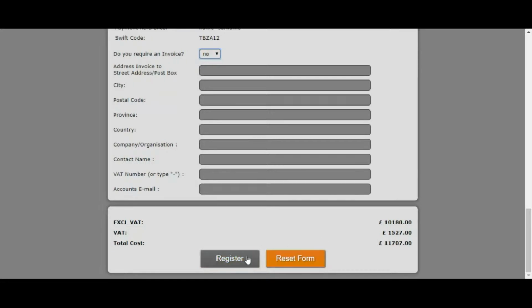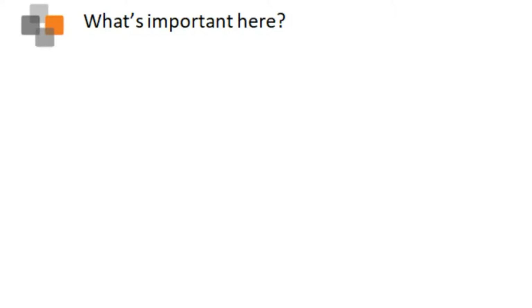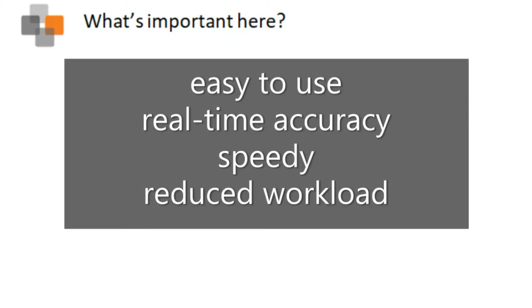We make sure that he has completed everything and do error checking so that the organizer doesn't get any half-done bookings that require following up. What's important here? That was really easy to use. It's accurate and fast, and the workload on the organizer has been greatly reduced.